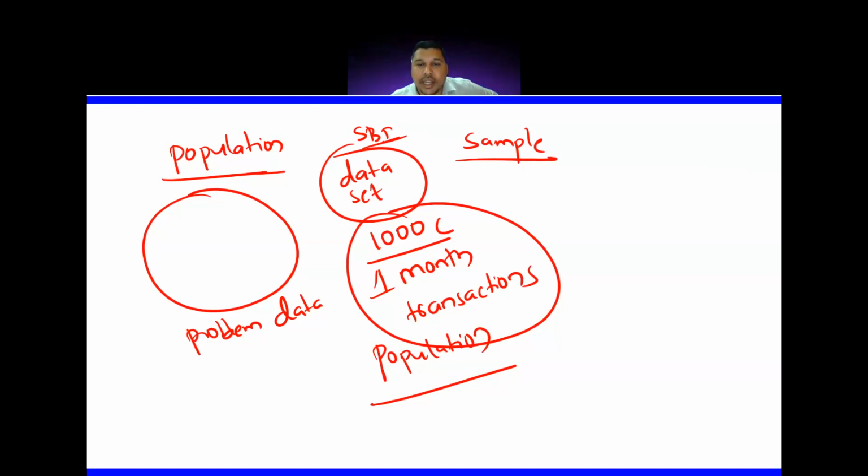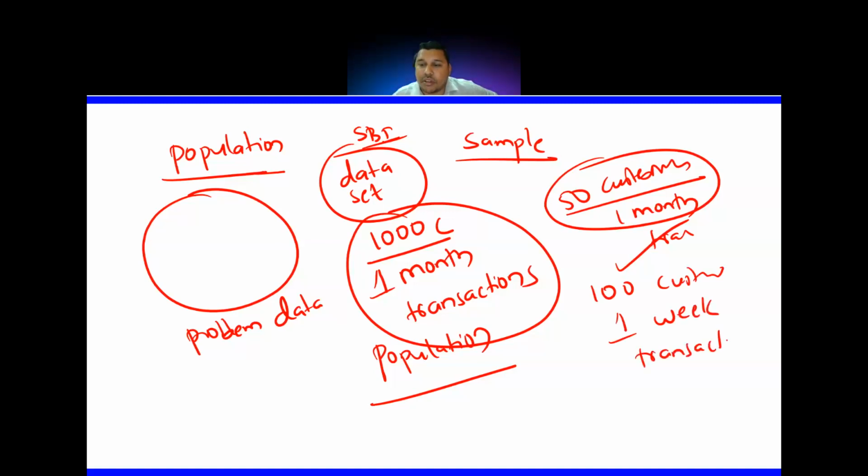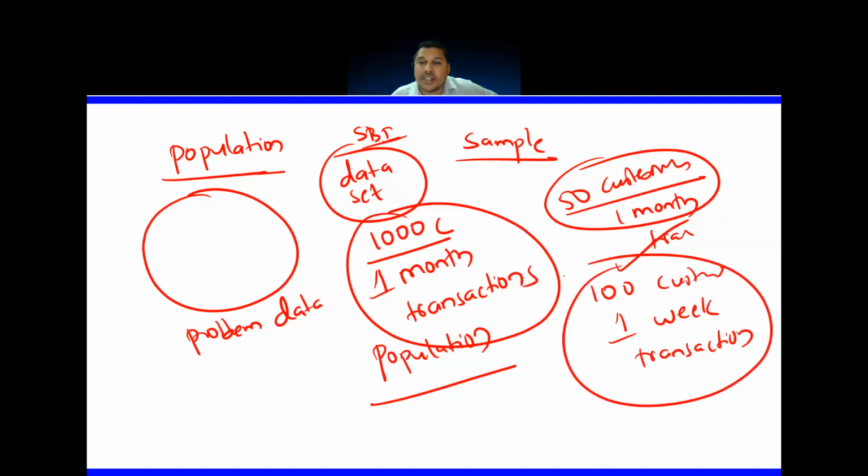From this 1,000 customers, I have 1 month of transactions. From this, maybe for 50 customers, one sample can be the data of 50 customers for 1 month of transactions. That can be a sample. Or I can take 100 customers for 1 week of transactions. This also can be considered a sample.